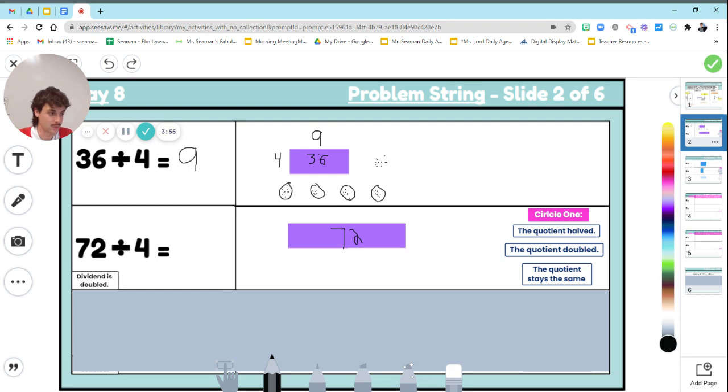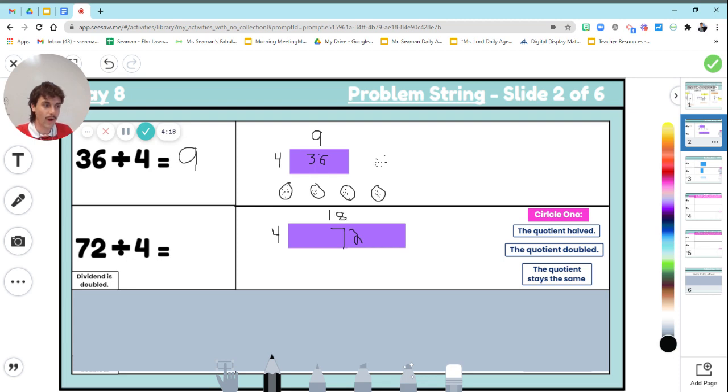That's going to be important. So 4 here is our width. Now we have to think about what our length is. Our dividend is doubled, and if we divide 72 by 4, once you figure it out, we get a total of 18.